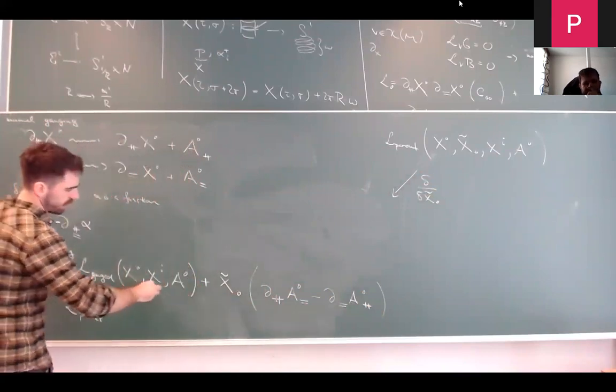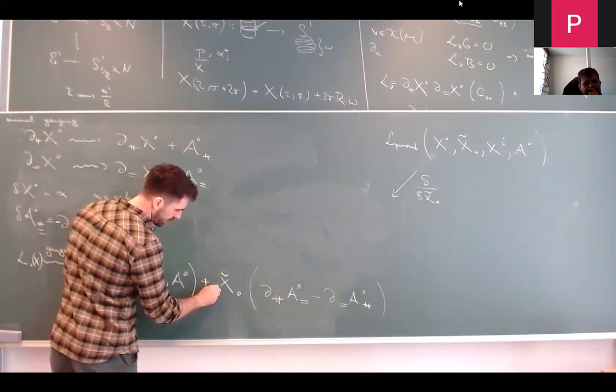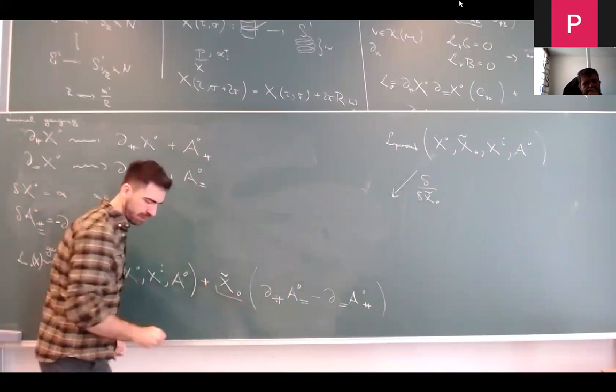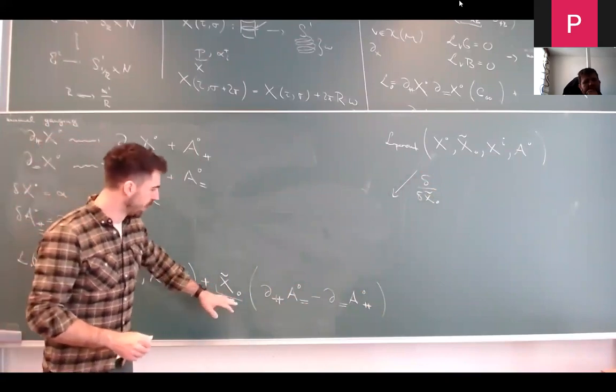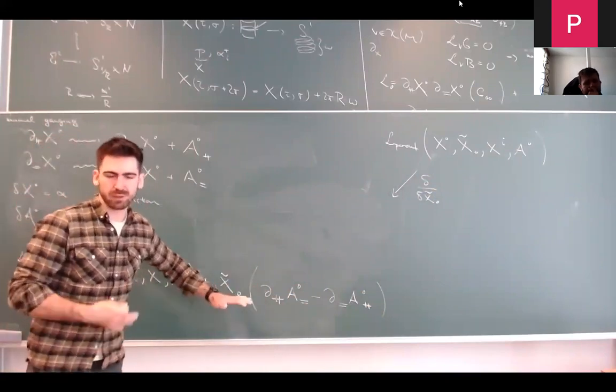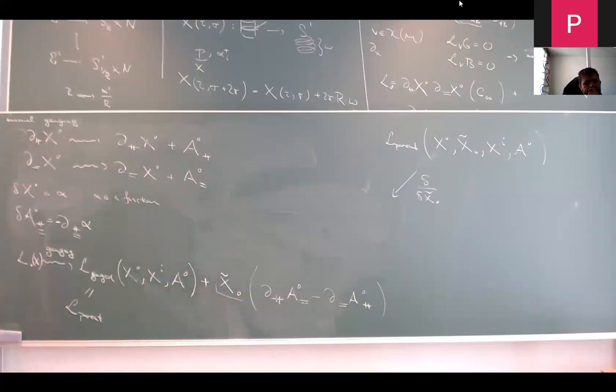What happens here is that since this is just linear and entering in an auxiliary way, there's no differential equation for it, but it enforces the flatness. That's how I introduced it in the first place.